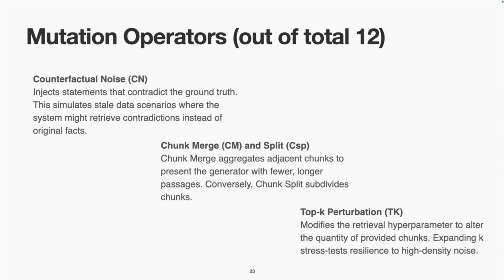It really depends on what kind of chunk we have at the time, so this is not a deterministic thing. Every time we generate new mutants using these mutation operators, we need another judge that evaluates whether these changes to the document or to the hyperparameters make the LLM stay the same or make the LLM change.